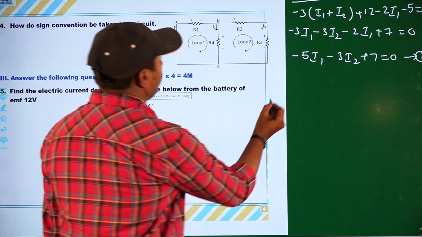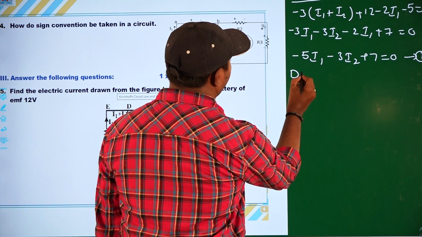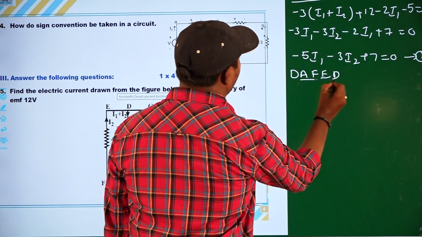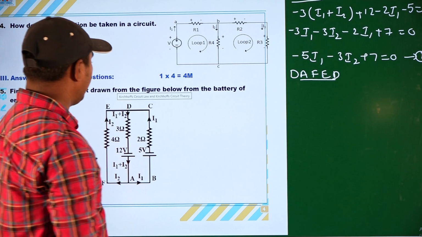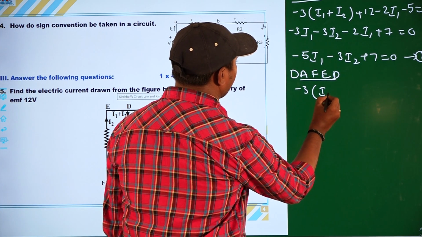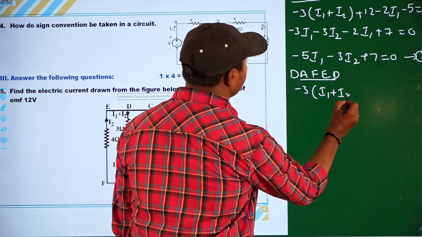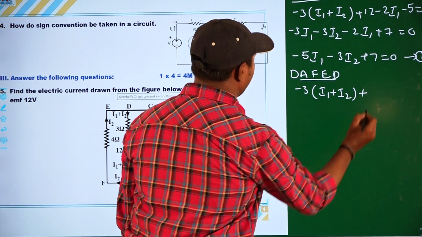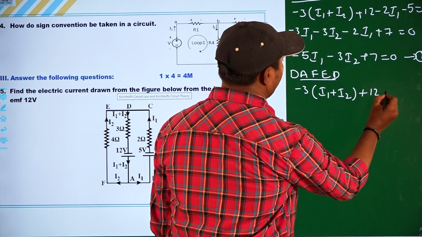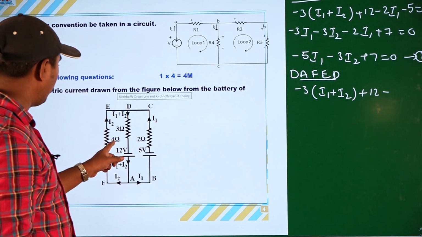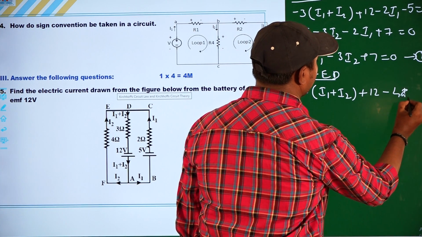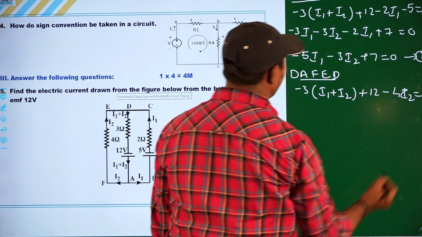DAFED. We take one more loop, DAFED. According to this loop, the current is -3(I1 plus I2), plus the potential difference 12, minus the resistor 4I2, is equal to 0.